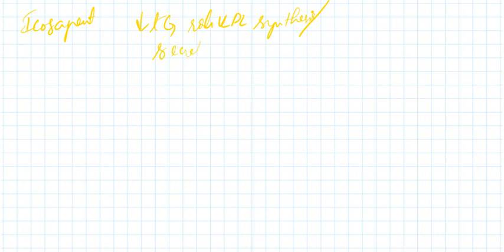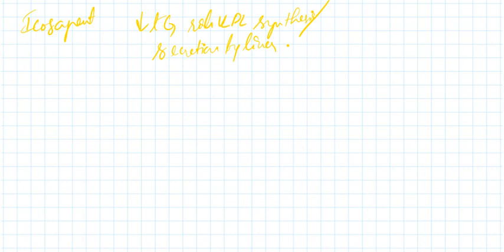We have one more drug, icosapent. How does the icosapent work? It decreases the triglycerides. What they do is they decrease the triglyceride-rich VLDL synthesis or secretion by the liver.